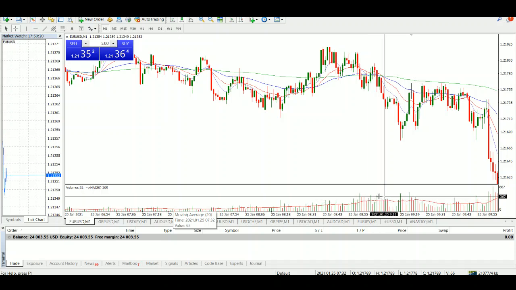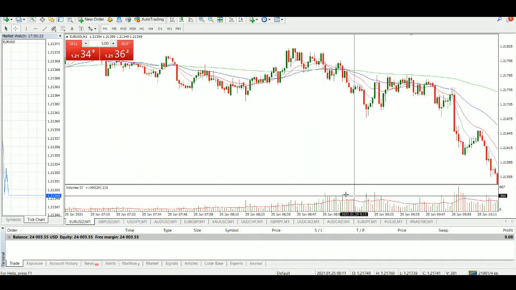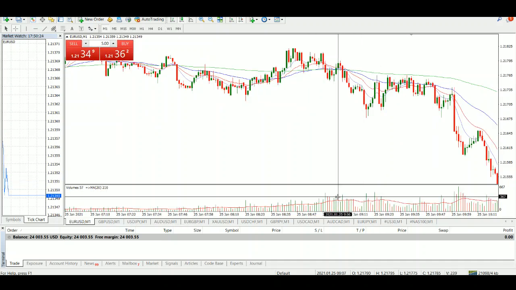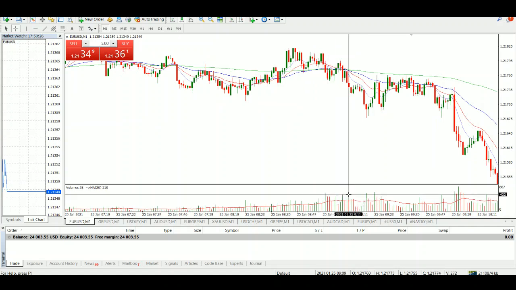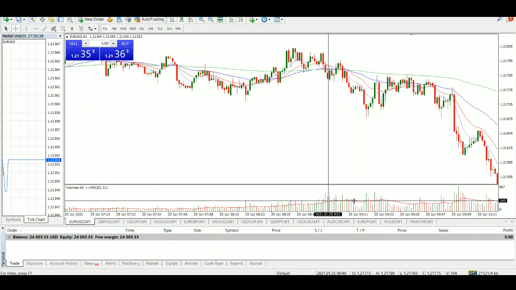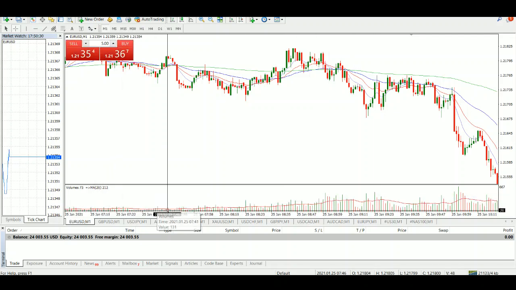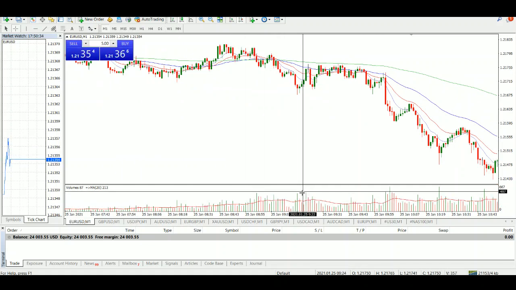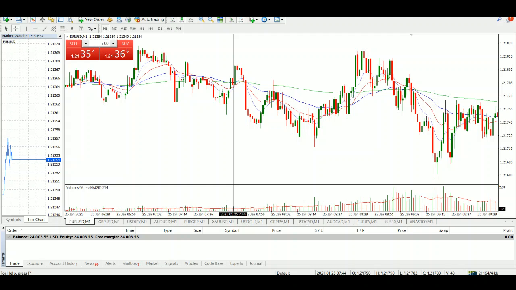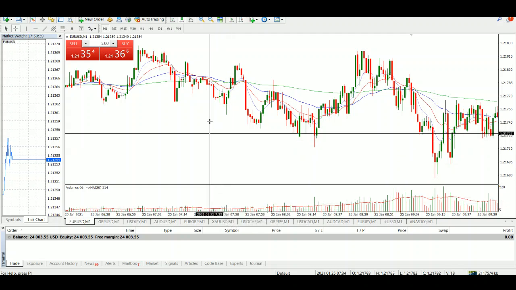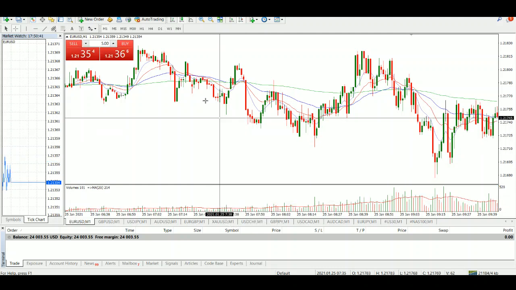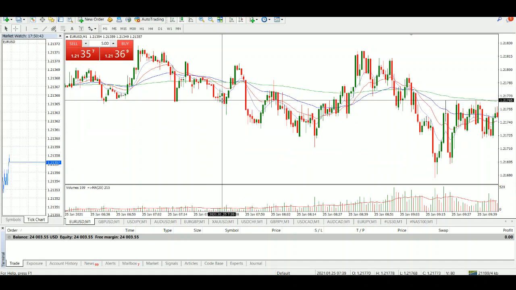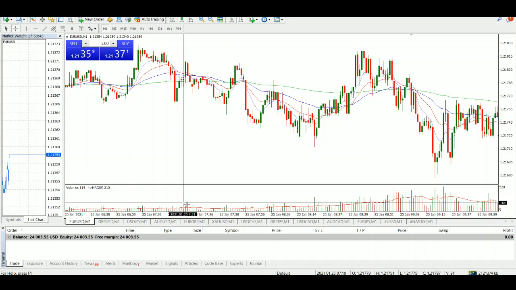So definitely trading at this time, it's always recommended to trade high volatile times, high volume times, and scalping. So trading at this period is better than trading at this period. So what you need from the volume indicator is for it to always be high. If it's low, the chance of the price trending is lower, but still the market can trend even with a low volume.